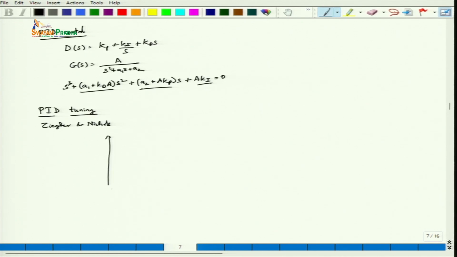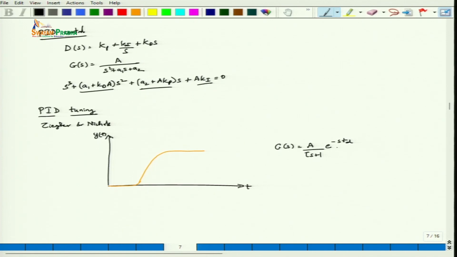So, for that, say this is y of t. They have considered this kind of a system whose transfer function is A divided by tau s plus 1. So, this represents a first order system with a time delay of Td.